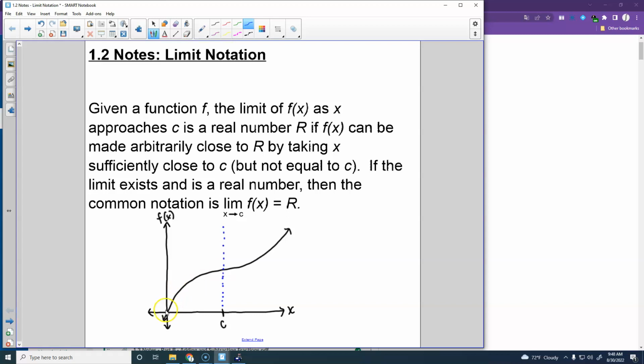So right here, as I get closer and closer to c, I can see that the f of x value that goes with it is this value right over here, right? We approach that same value. That value right there is our capital R.